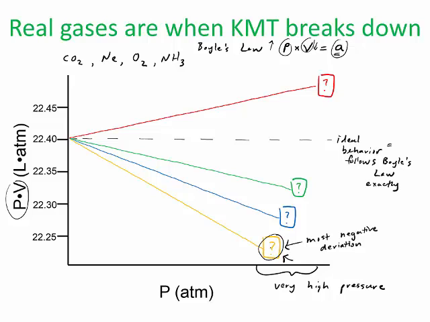So very high pressure results in a lower than expected answer when you multiply P times V. That means under high pressure, the volume ends up being much lower than expected.